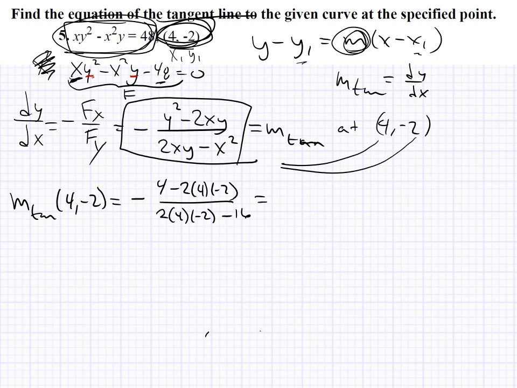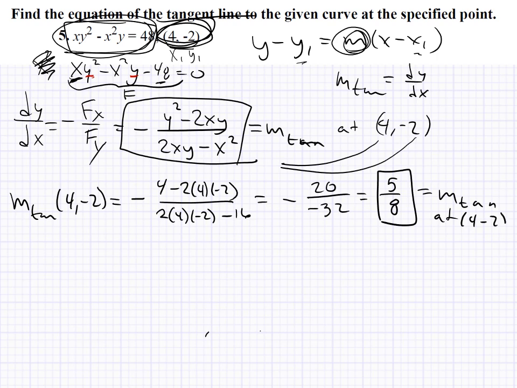This is going to be negative 8, positive 16, and 4 is 20. So we get negative 20 over, here we're going to have negative 16, negative 16. So it's going to be negative 32. Simplify that, the double negatives give me a positive. The 20 over 32 would give me, what, 5 over 8? Okay. So 5/8 is my slope of my tangent line at 4, negative 2.